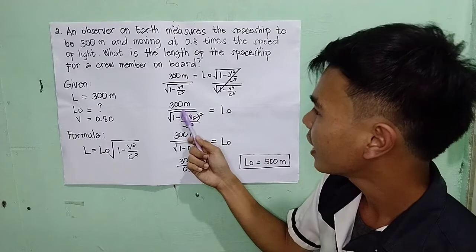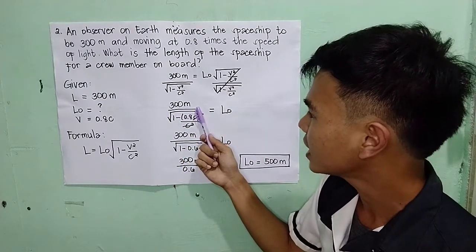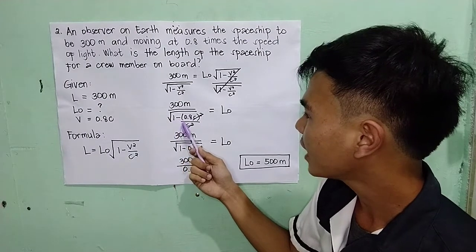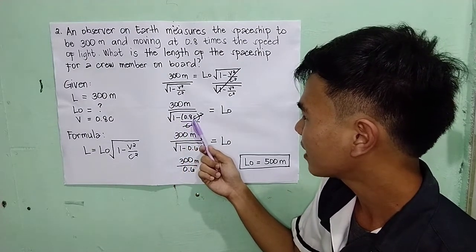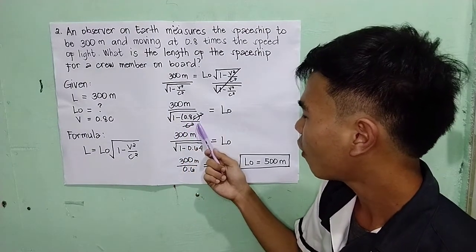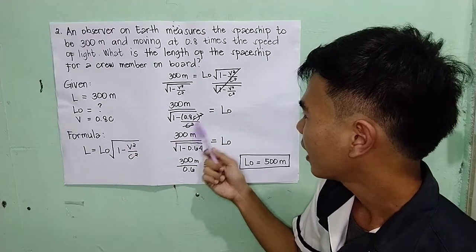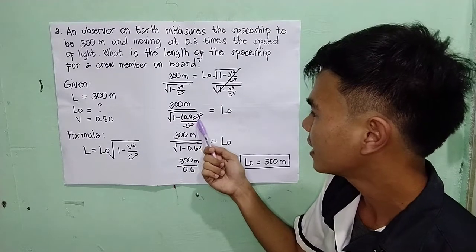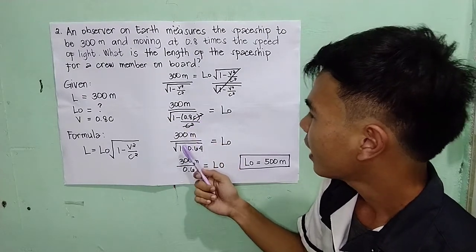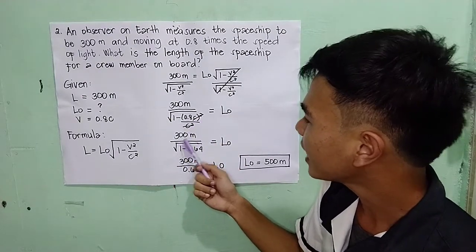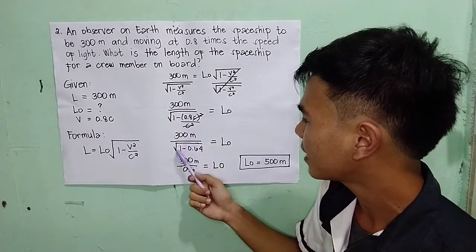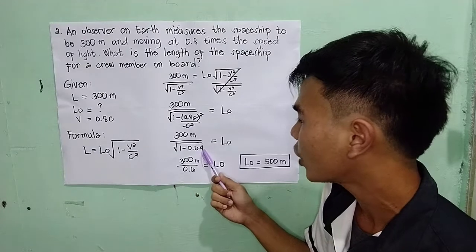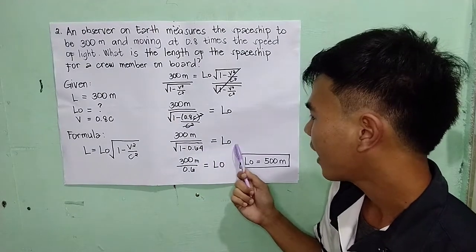So we have 300 meters divided by the square root of 1 minus 0.8 the speed of light squared over c squared, equal to L naught. We can cancel out this c squared, and so we have 300 meters divided by the square root of 1 minus 0.64 is equal to L naught.